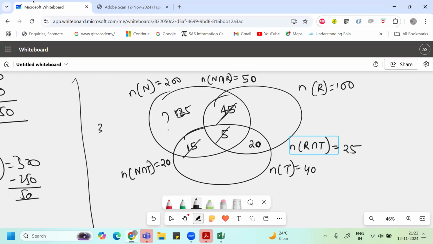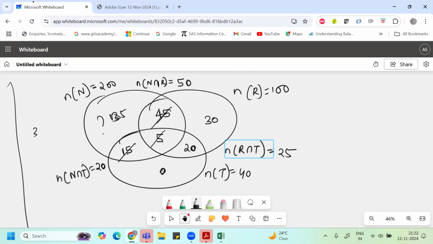Clear na? Okay. Then this is 45 plus 5, 50. 50 plus 20, 70. 100 minus 70 is 30. And then 15 plus 5 is 20. 20 plus 20 is 40. Total is 40, so this would be 0. Okay.